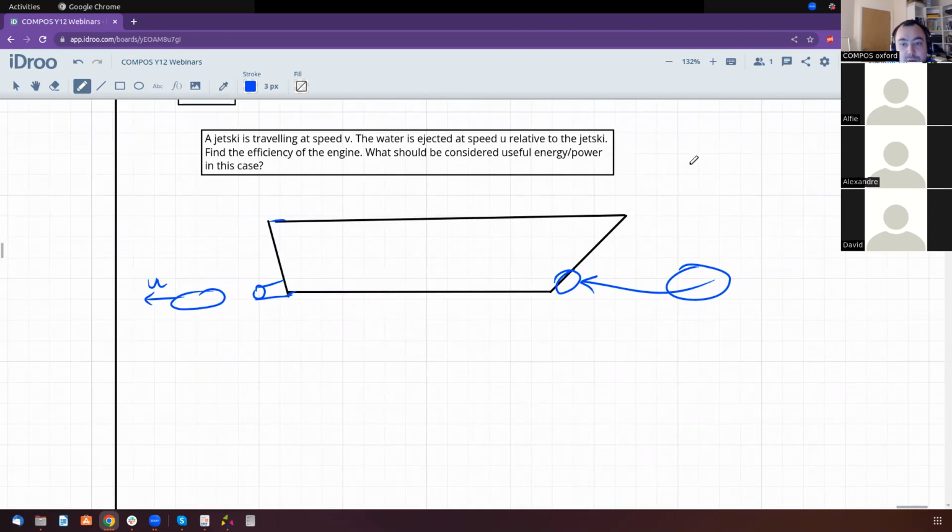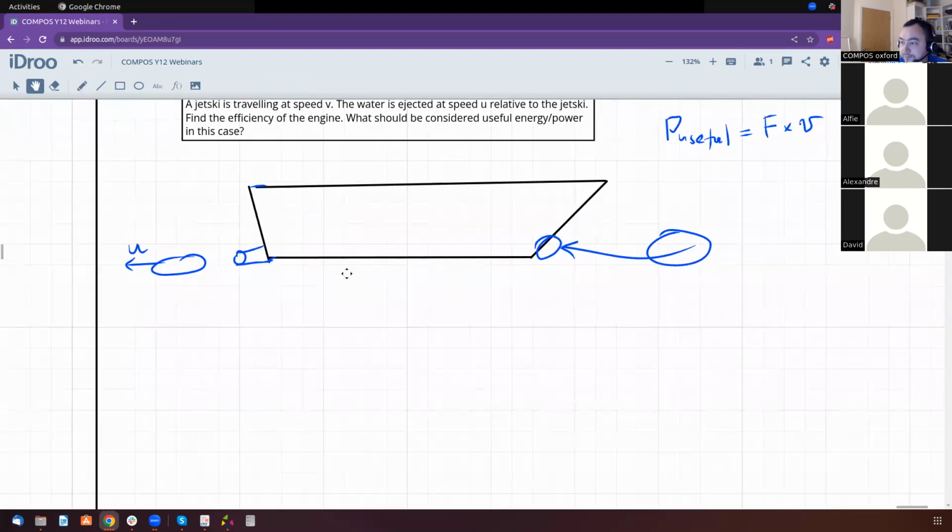So the useful power would be the force produced by the engine times the velocity of the jet ski. Right.